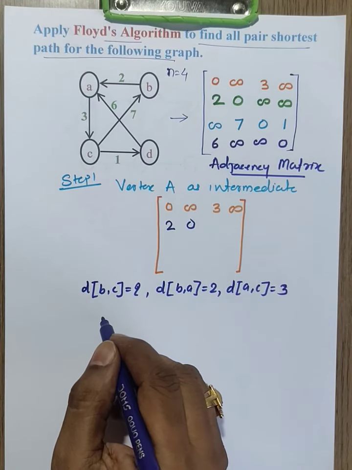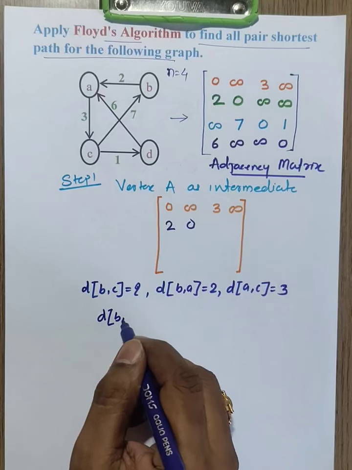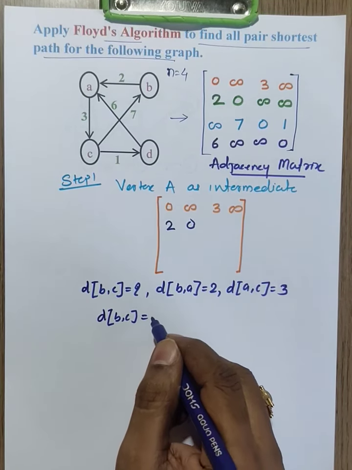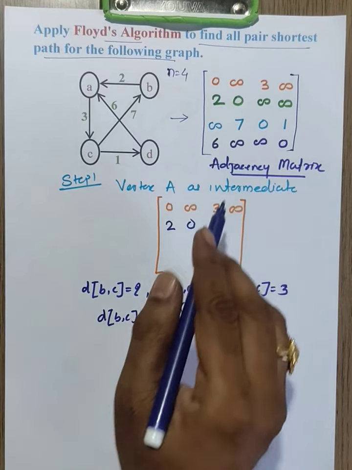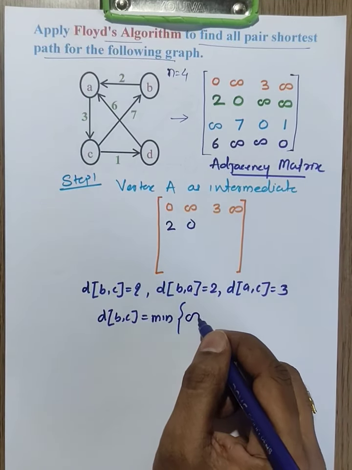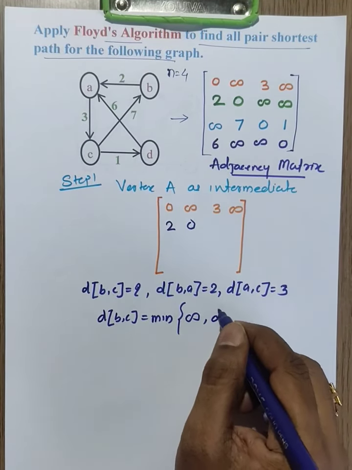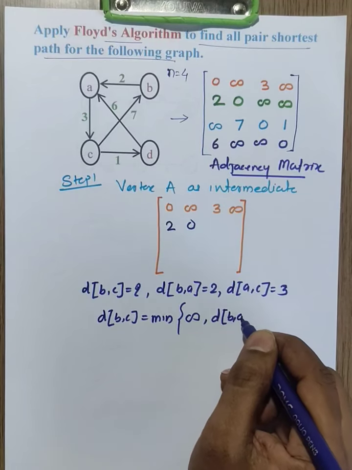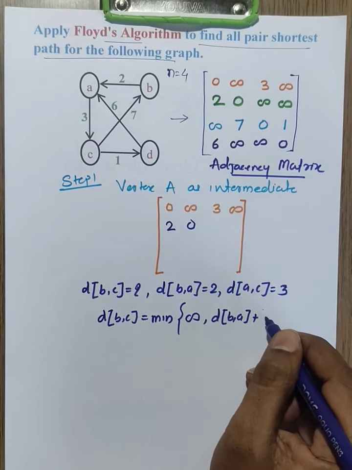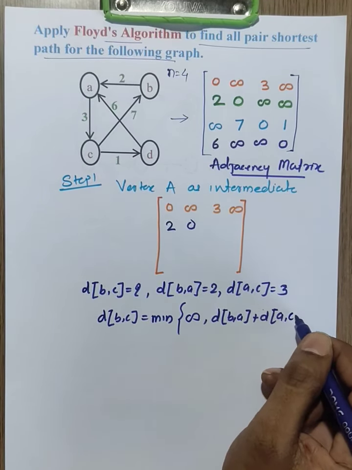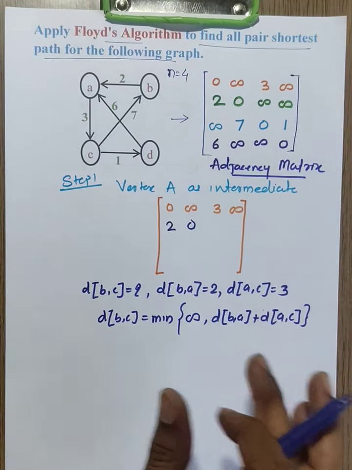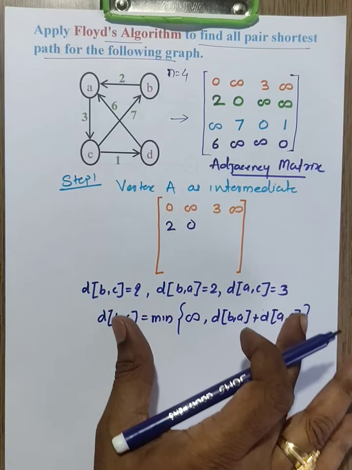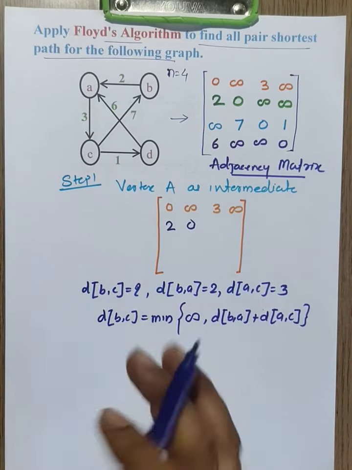Means distance B to C equals minimum of previous distance infinity, comma, distance B to A plus distance A to C. One step I will write in detail. Second step onwards I will continue directly. In your exam you can write like this or you can write directly.